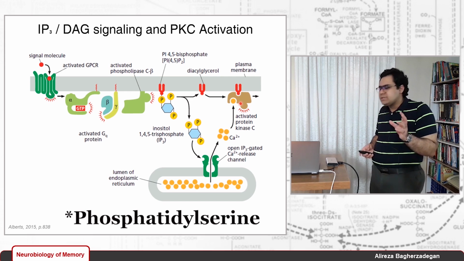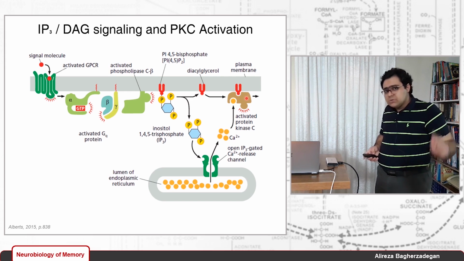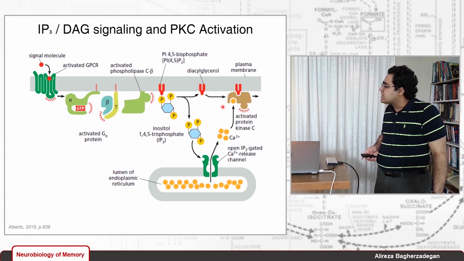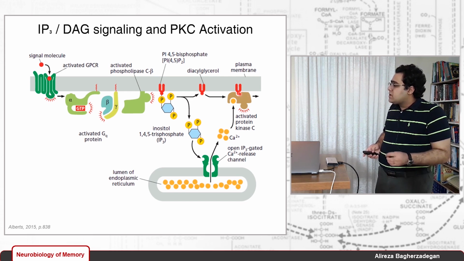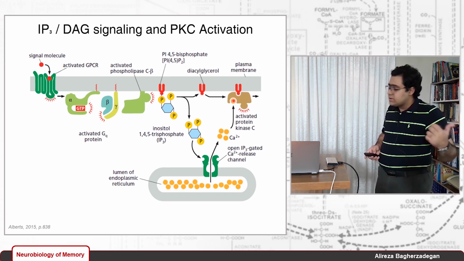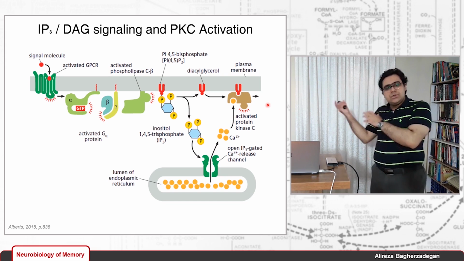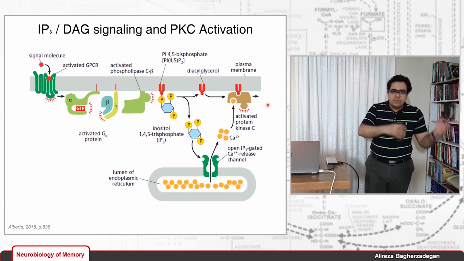I don't remember the name exactly. It's not shown here, but that also has a role in activating protein kinase C. So in the membrane, it is activated by diacylglycerol, these calcium ions and that negatively charged phospholipid, and it's going to actually activate other proteins or phosphorylate other proteins.